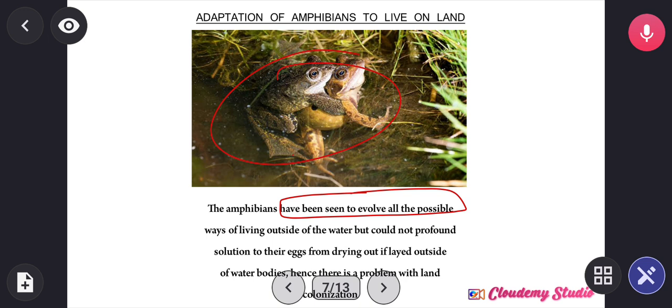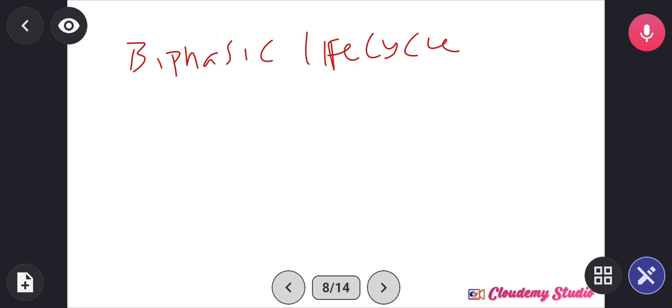So this group of animals cannot stray far from water because their reproduction is intimately tied to an aqueous environment. Hence, they have something we call a biphasic life cycle, where the young stay in water and the adult moves to land. And on land, they still must not move far away from water.